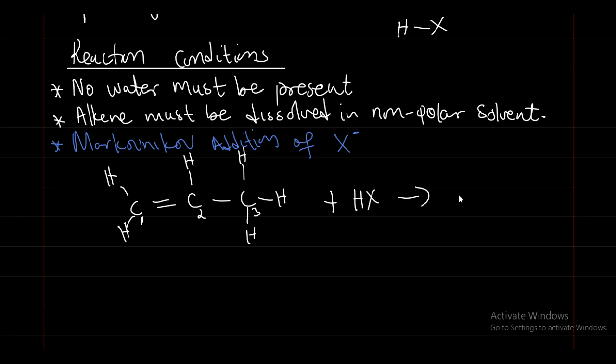One product whereby we can have X here, and then the hydrogen that we have added here. Let me color the hydrogen that I've added with green.